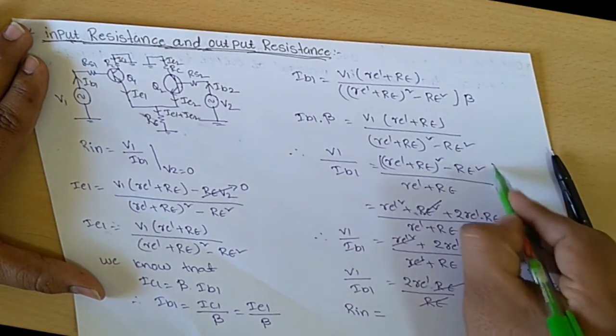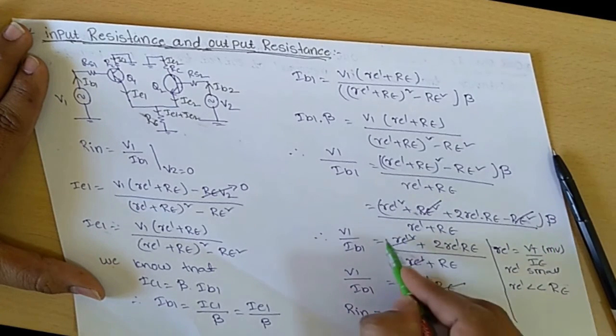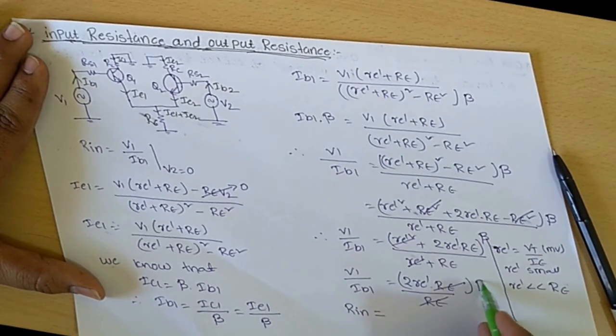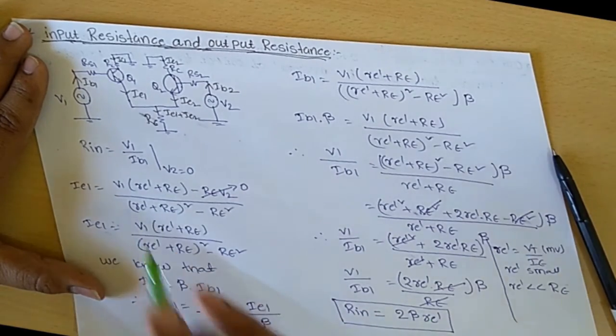Here we have the beta value. This is beta into beta, into beta. Here also we have the beta term. Therefore the input resistance of the differential amplifier equal to 2 beta into RE dash. Okay, so this is indicating the input resistance of the differential amplifier.